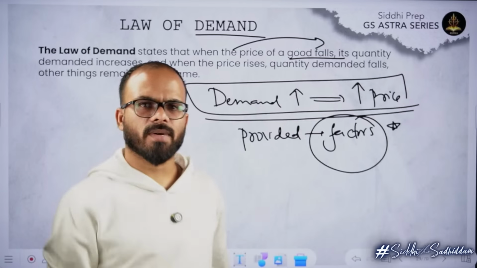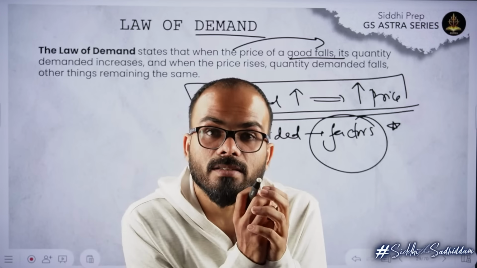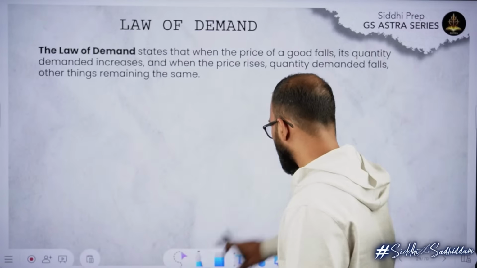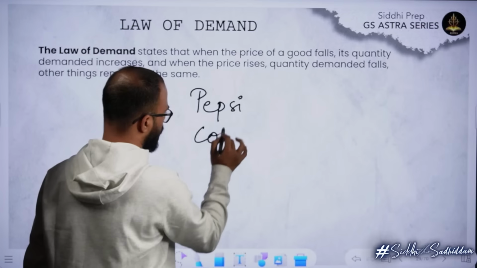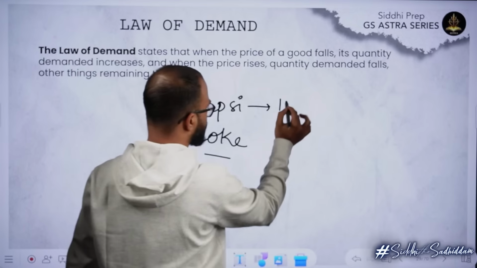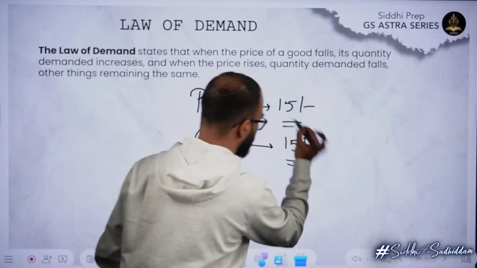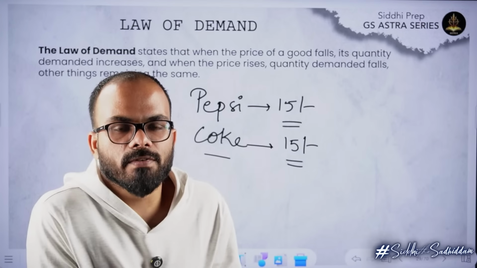See, with respect to demand, supply can determine it. There are various other things that can determine the demand. Let us go with an example. Let us say you have two things. One is Pepsi, the other is Coke. Earlier, Pepsi was 15 rupees. Coke was also 15 rupees.